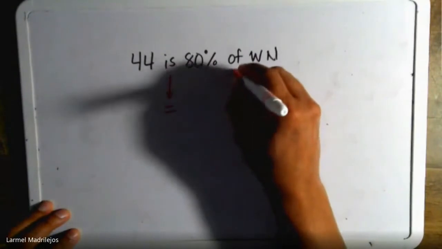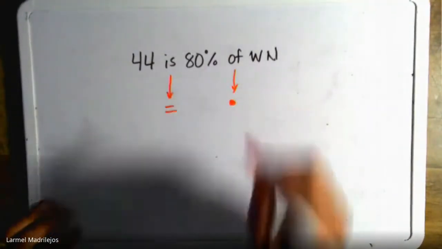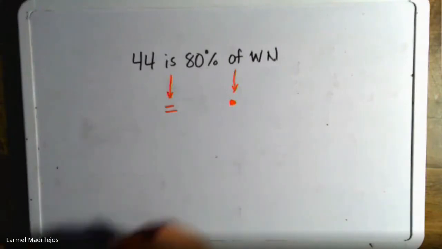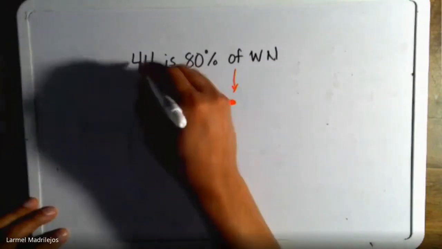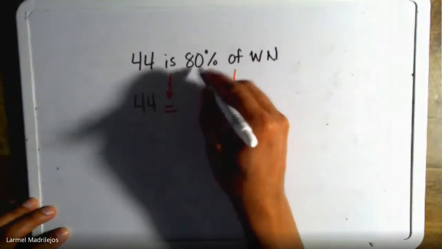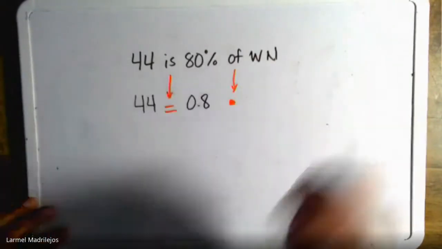The word of in mathematics is multiply. I'll put a dot, though sometimes the multiply sign looks like X, which is a variable. Now I'm going to drop down these numbers here: 44, and 80. Instead of writing 80, I'm going to put 0.80, or 0.8.